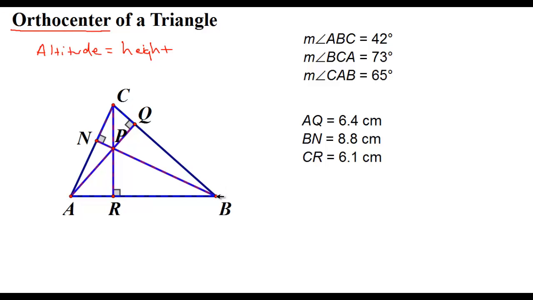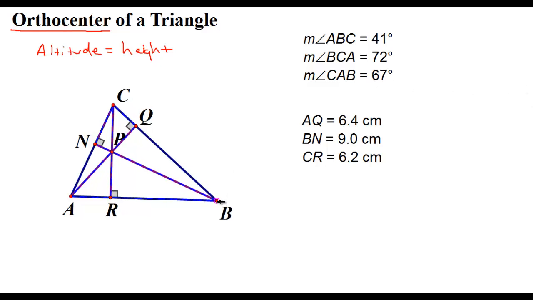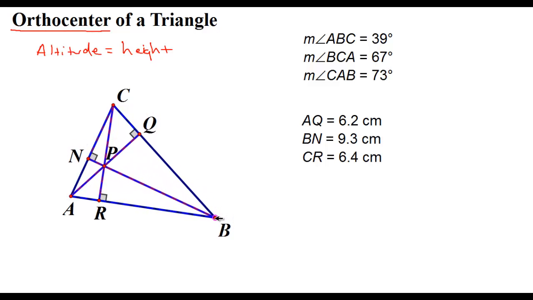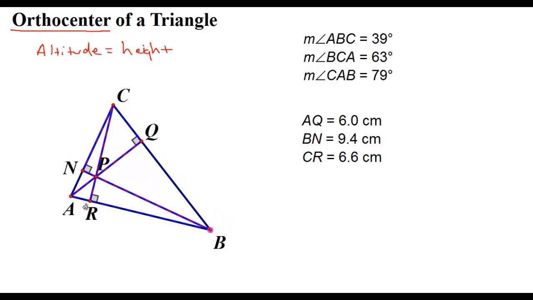I'm going to change this triangle up a little bit, so I want you to look at angle A right here. Right now, it's a nice, acute angle. It's 65 degrees right here, and I'm going to change this up a little. So watch what happens to my heights. You see my height right here. It's not straight up and down anymore like you're used to, but it is still perpendicular to the base.